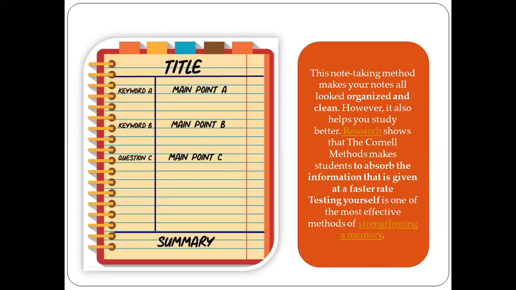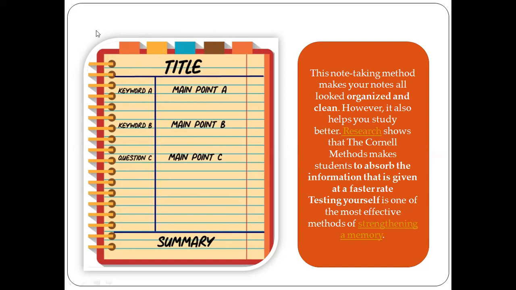Here you can see the Cornell method type. Here is the left side and right side. Here is a summary and title. In the Cornell method, you should just draw a table, with lines, and divide it into sections: left, right, and the summary. Of course, you shouldn't forget about the title.